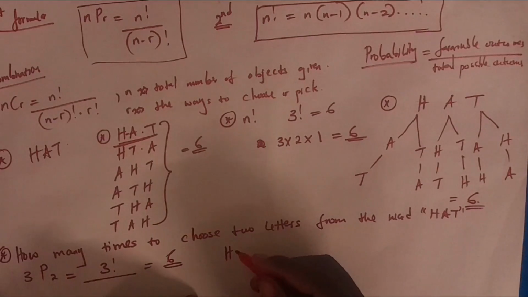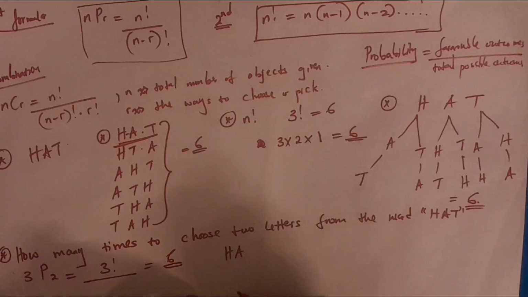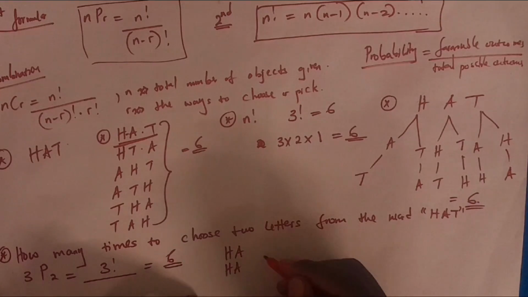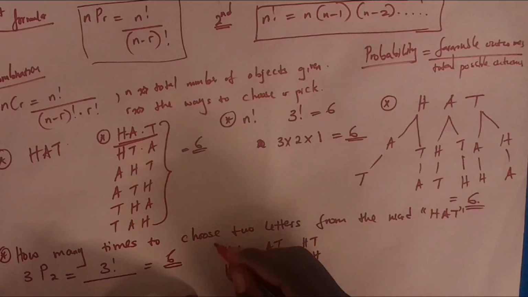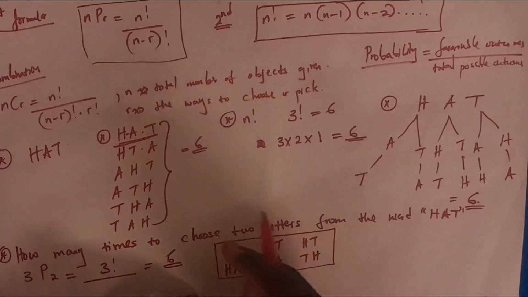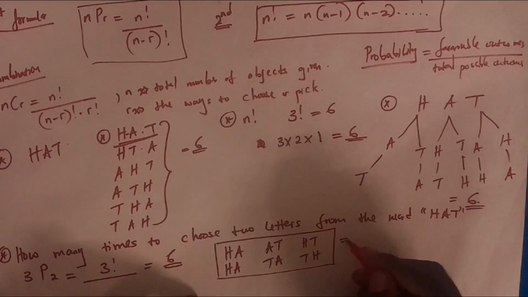For example, we can arrange it like HA, or we can say AH. We can also arrange this as AT or TA. We can arrange it as HT or TH. So here, if you count 1, 2, 3, 4, 5, 6, it's 6.